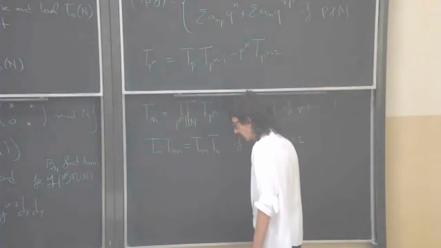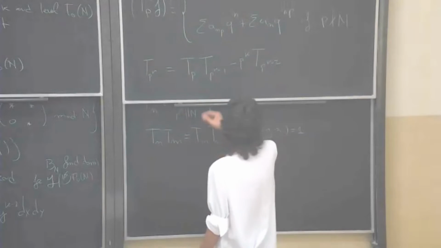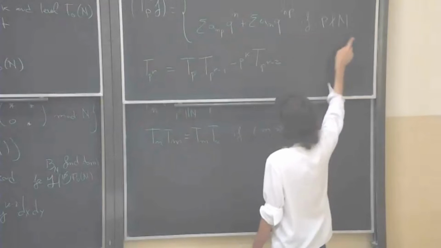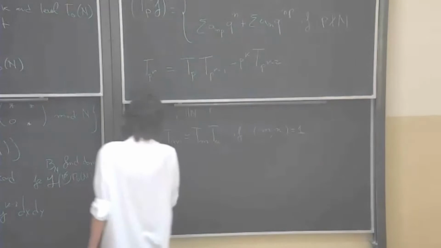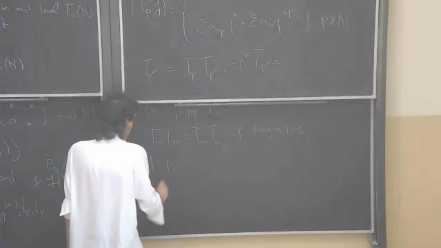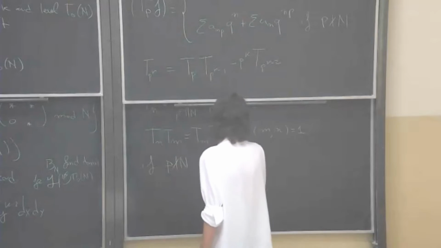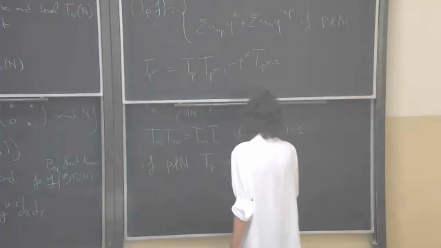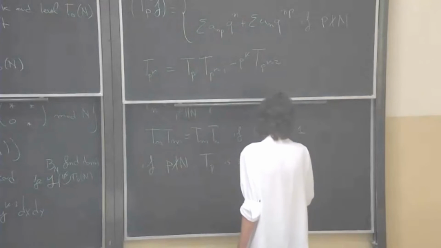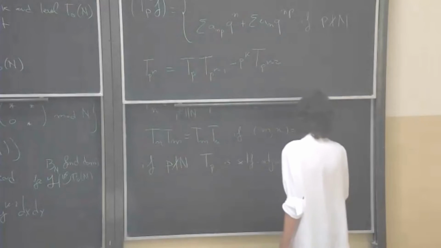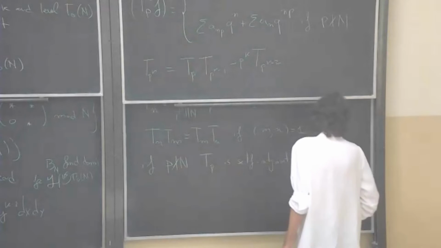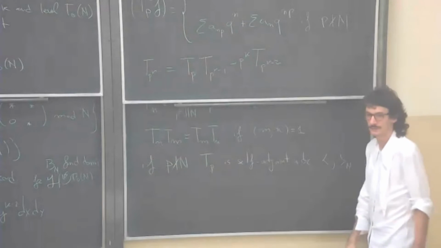Furthermore, in this case, if p does not divide n, Tp is self-adjoint under the Petersson product.